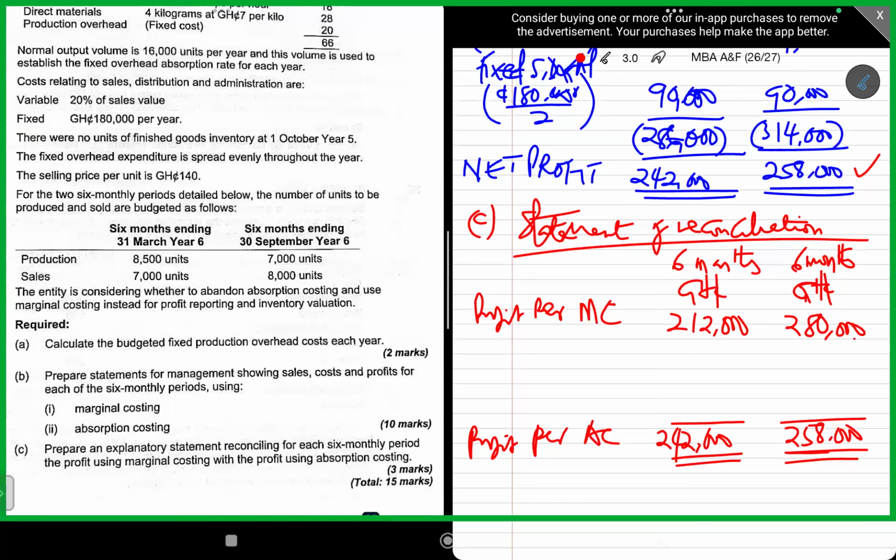So we will ask ourselves, what should be done to the profit per marginal costing before we can arrive at the profit per absorption costing figure for the first 6 months? Should we add or subtract a figure?